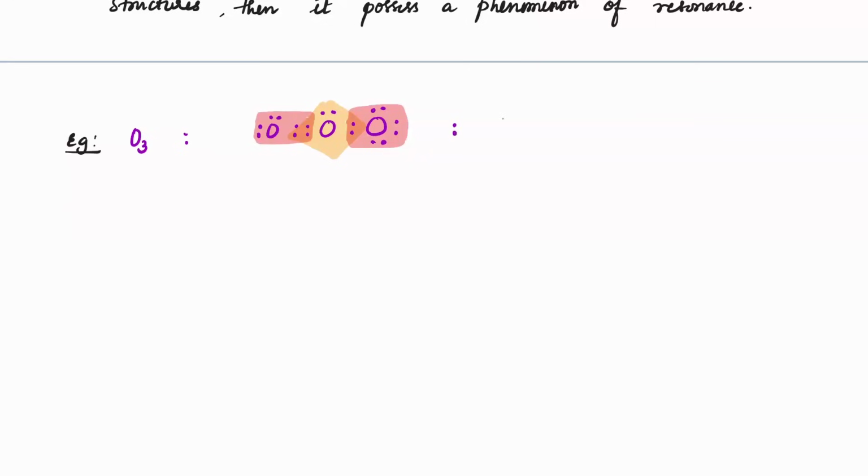So now look into this. We have written this as double bond O and a dative bond O with lone pairs here this way. This is what we wrote as the Lewis structure. Now my point is you could have written the bond this way, or you could have written the other way around also, right? But what difference does it make? I mean, how does it make any difference if I write these two?